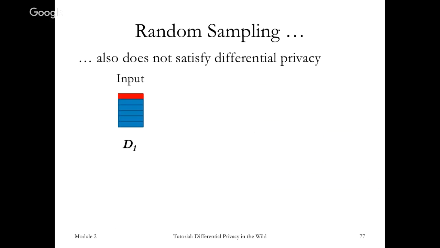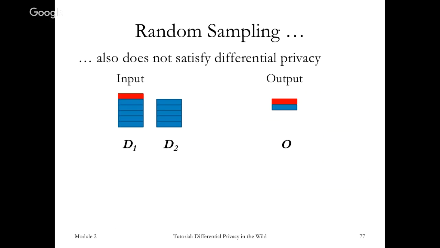What about random sampling? There's some randomness in sampling, so maybe that can provide some privacy. It turns out that that also does not satisfy differential privacy, and to see why, consider the following. Suppose here's our input, and we draw a random sample of records from it. Suppose we generate this output, so that red tuple ended up getting included in the output.